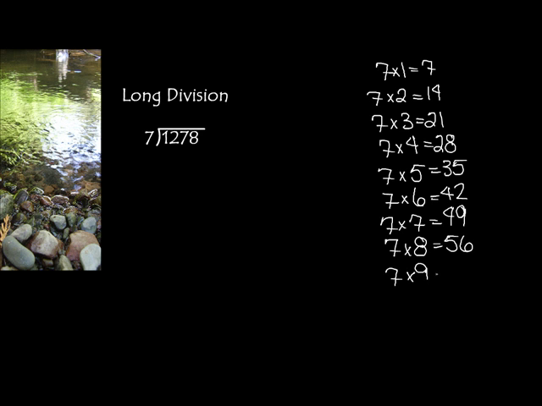And 7 times 9 is 63. And finally, 7 times 10 is 70.